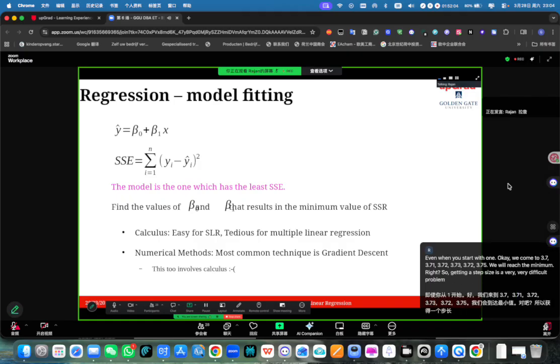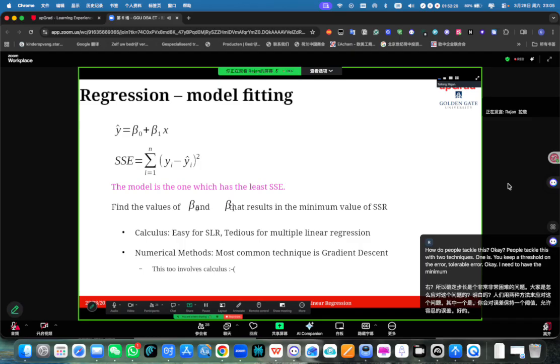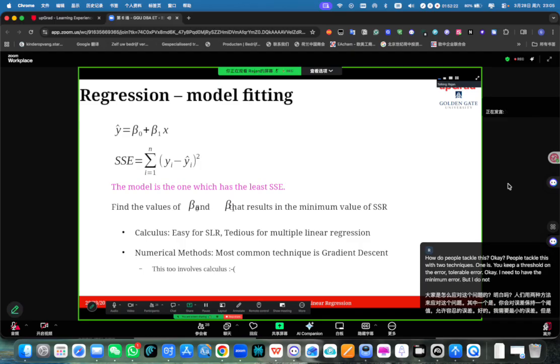How do people tackle this? People tackle this with two techniques. One is you keep a threshold on the error, a tolerable error. I need to have the minimum error, but I do not know whether I will reach the minimum or not.